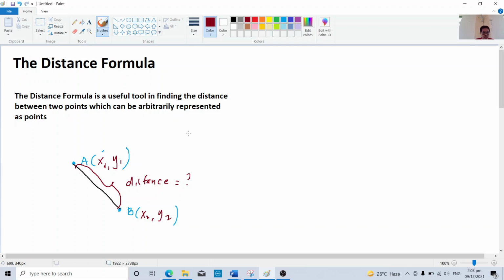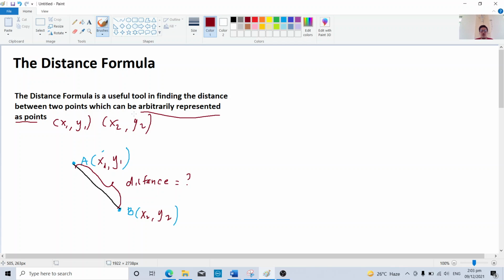Yung sinasabi niya dito na arbitrarily represented as points, ito na yung x sub 1, y sub 1, and x sub 2, y sub 2. Yan na yung 2 points.